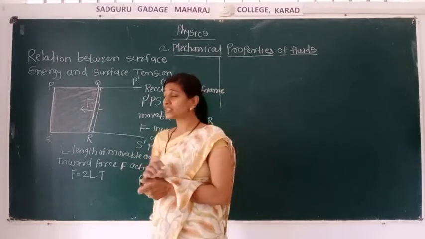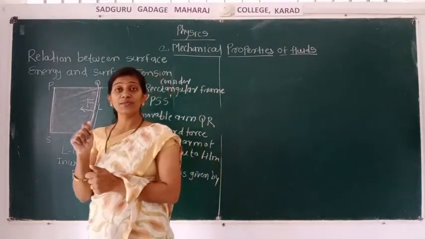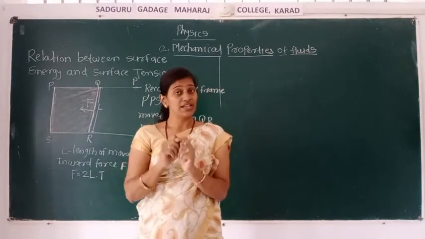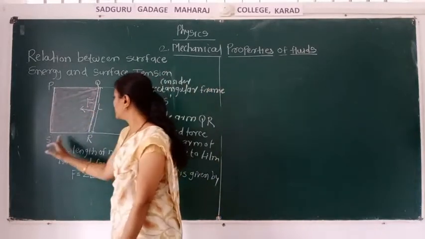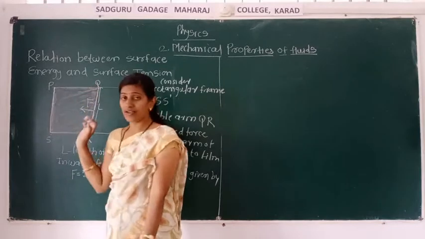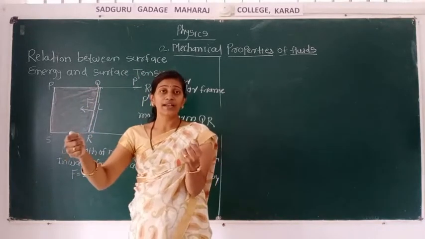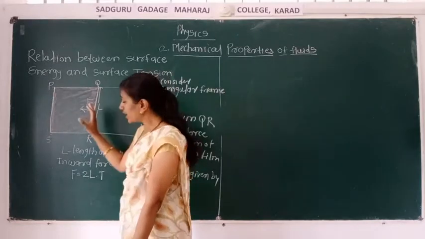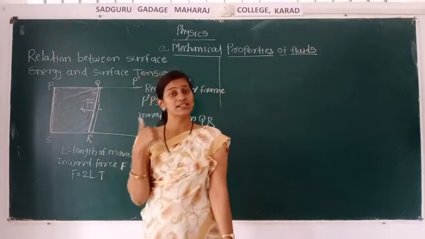I want to tell you one thing. There is a rectangular frame. When we dip that frame in the soap solution, the soap film is formed in that portion PQRS. When we hold it horizontally, we get two layers of the surface film.